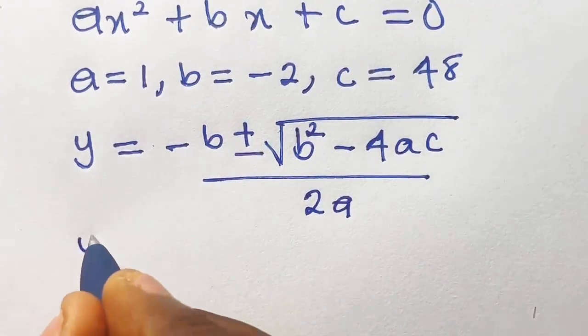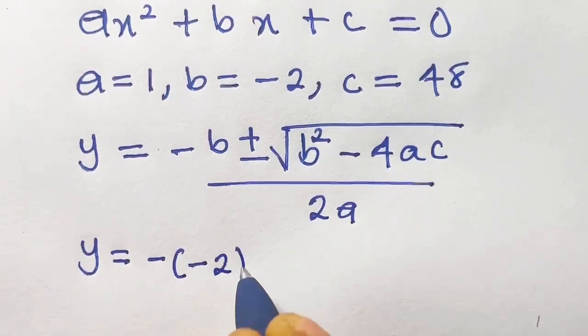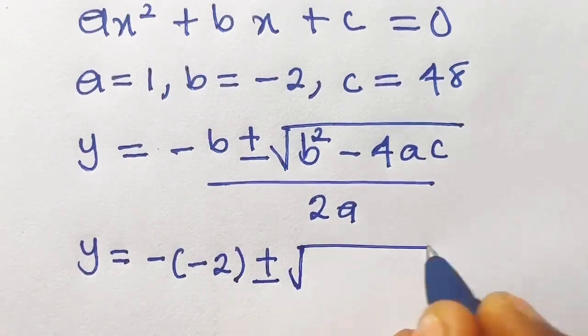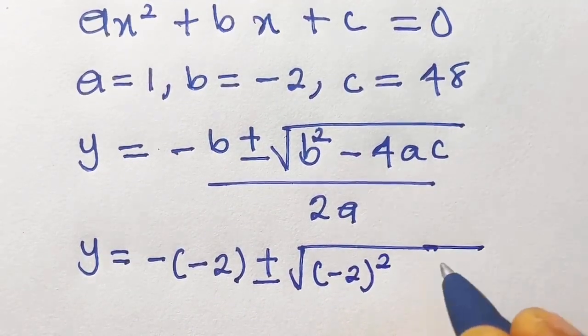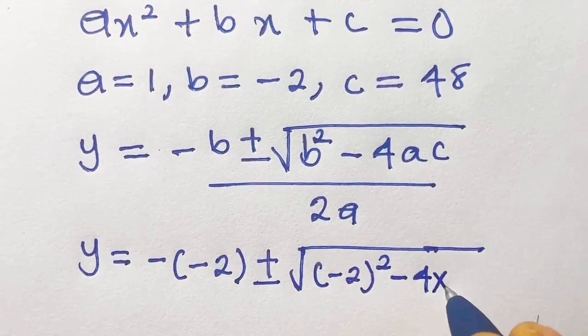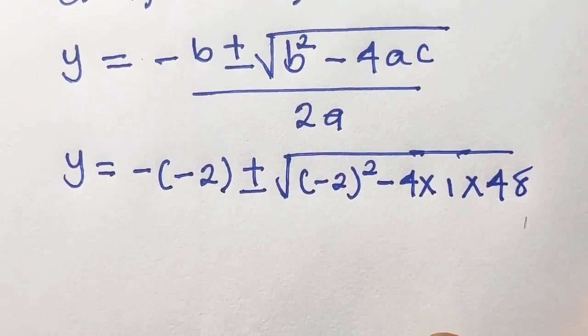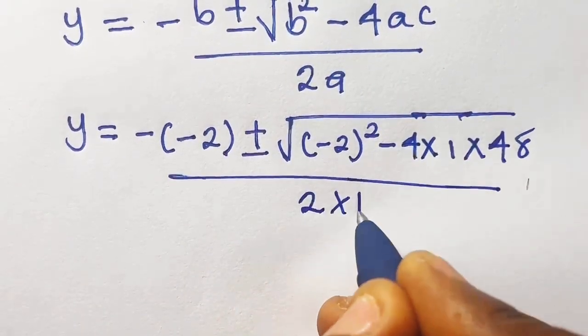So we have y equals minus times minus 2, plus or minus square root of minus 2 square minus 4 times 1 times 48, all divided by 2 times 1.